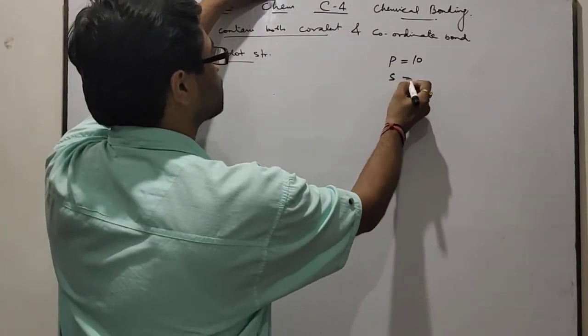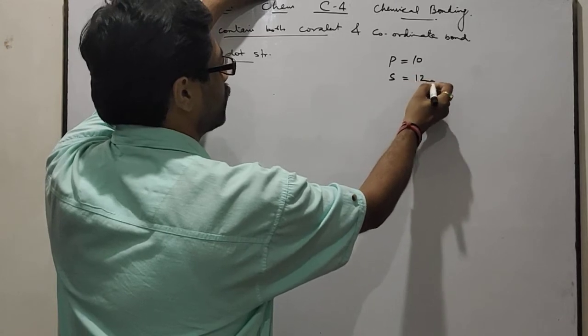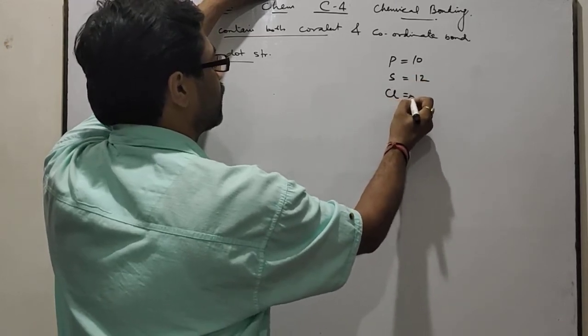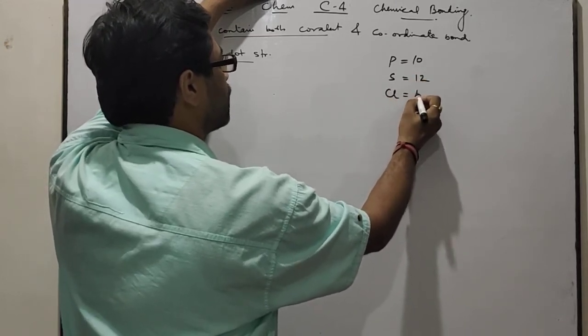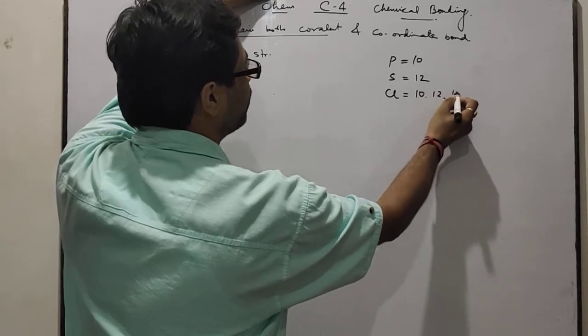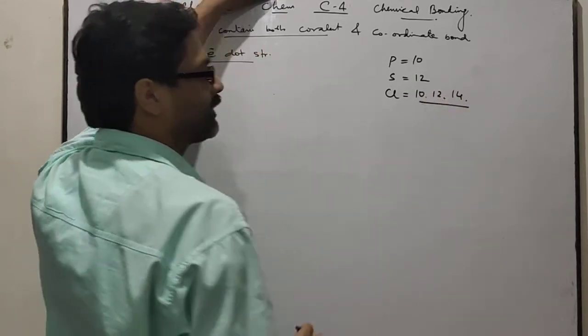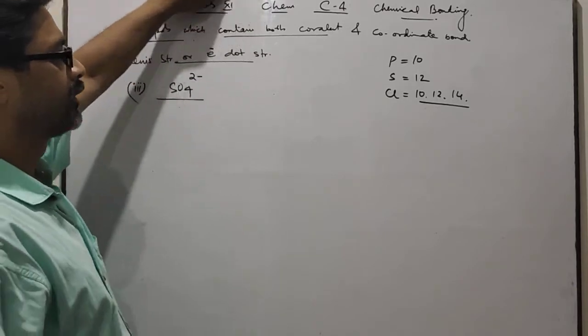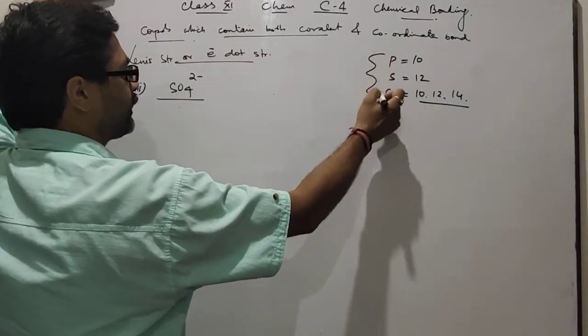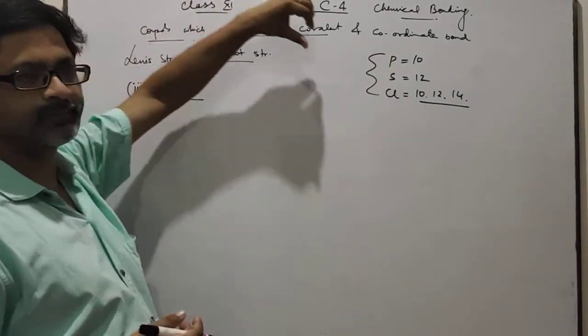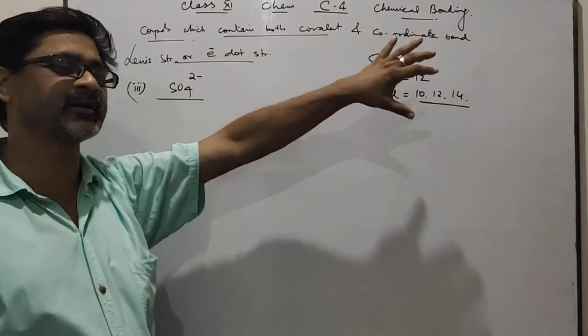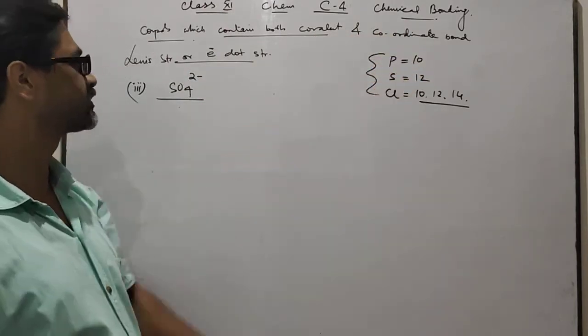Sulfur can complete 12 electrons, and chlorine can complete 10, 12, 14 electrons in its valence shell. These atoms can complete more than an octet, meaning greater than 8 electrons.